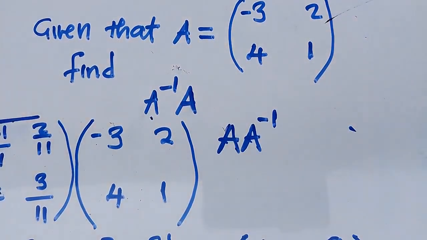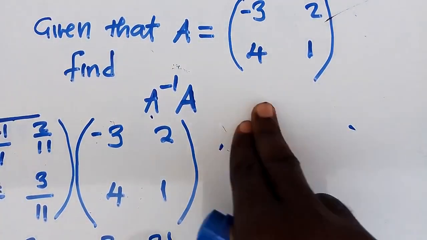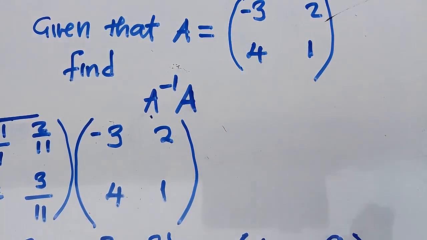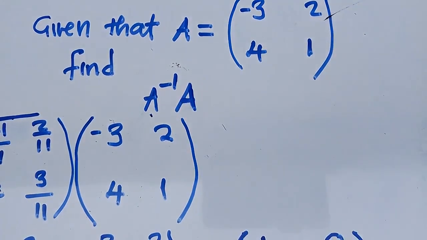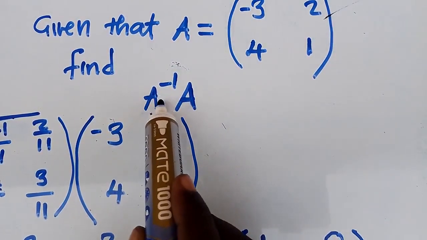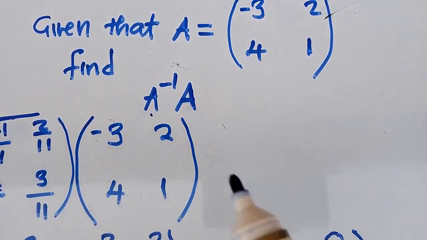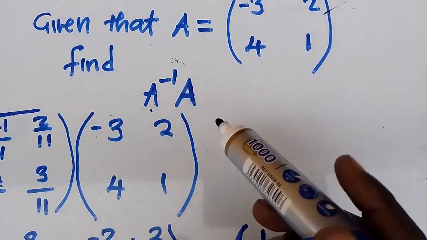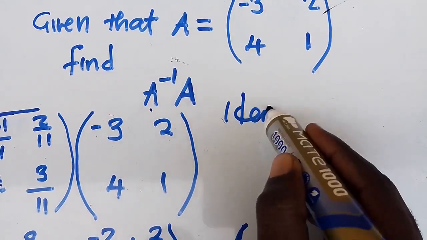So when you multiply the inverse of A times its original matrix A, you always get an identity matrix.